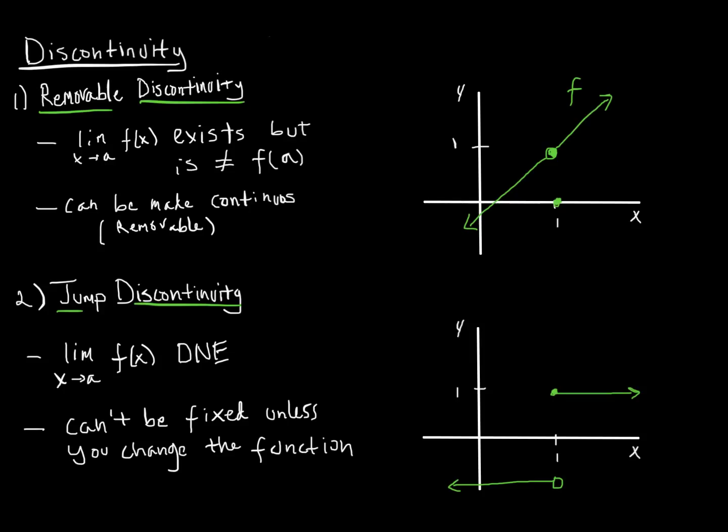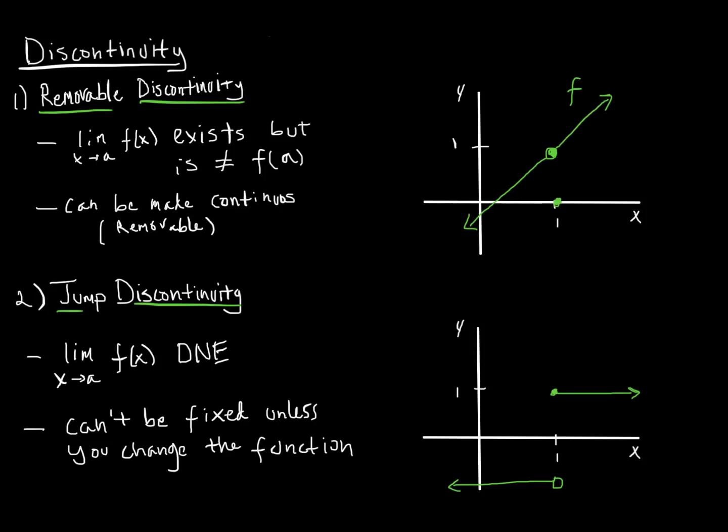And so a jump discontinuity is a little more serious, because as we saw in that last example, the first reason this is discontinuous is that the limit doesn't exist. As we're trying to find the limit, we look for the left hand and the right hand limit, and we see that those are different values. And so the limit as x approaches a from both sides, the two-sided limit, doesn't exist. And so it's impossible for us to have a continuous function.